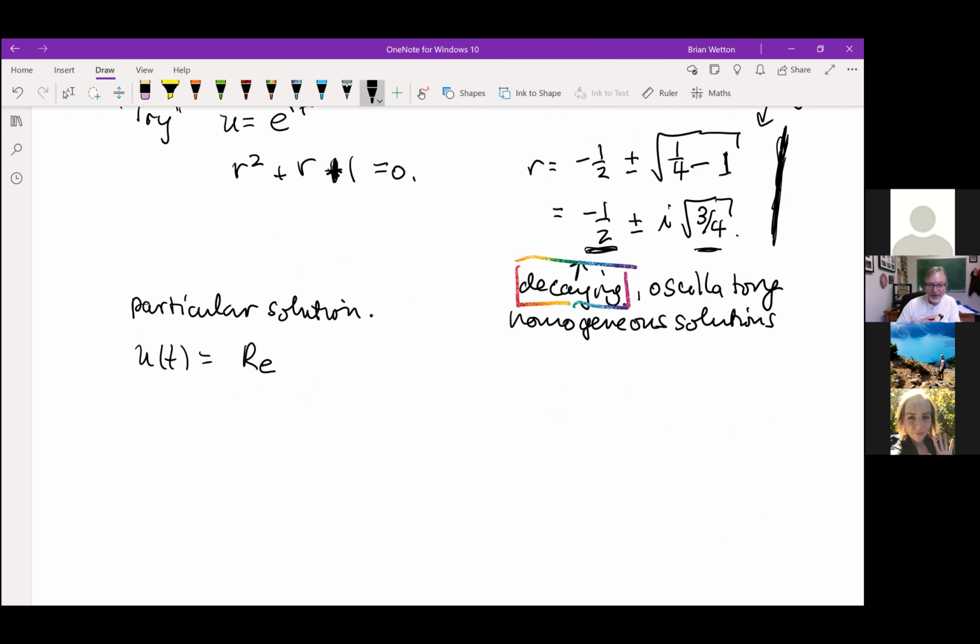And remember, when you talk about the particular solution, you can add any amount of homogeneous solution, and it's still a particular solution. So I'm interested in the particular solution, which doesn't have any of that exponential decaying stuff in it. So I want to have this as the real part. It's going to be some amplitude, e to the i2t.